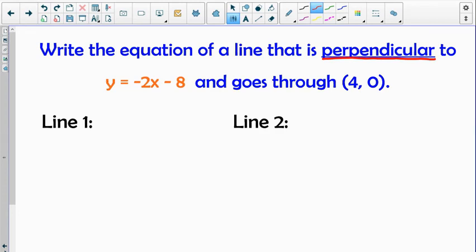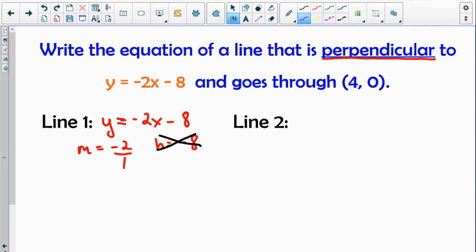So we know that this line that we're starting with, called line 1, y equals -2x minus 8, we know that the -2 is the slope of the line, and the y-intercept, again, is -8. We don't really care about the y-intercept, but we do care about what the slope looks like as a fraction.